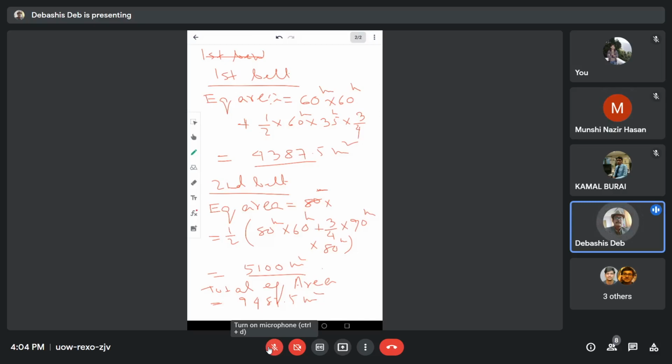Okay. Total given area. Then value. Value at the top I am writing equal to 9487.5 into 500 rupees. How much it is coming?